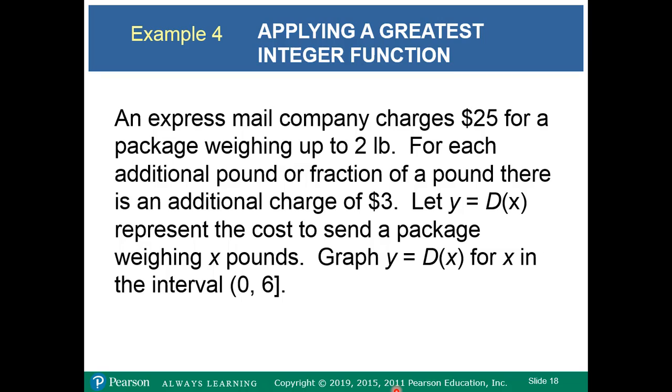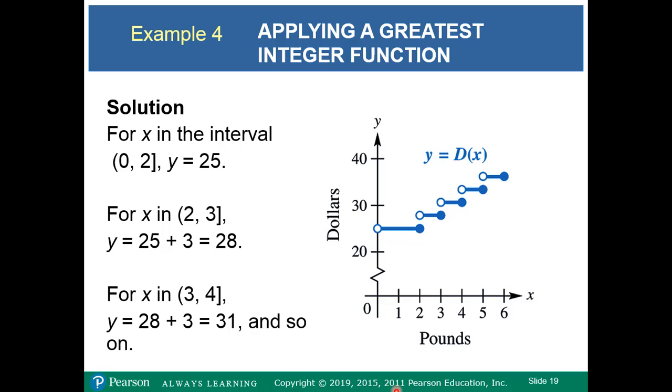So let's put this all together for this interval from 0 to 6. So notice here on 0 to 2, up to 2 pounds, it's going to be $25. And then from 2 to 3, that's 1 more pound, you're going to pay an extra $3, so it's going to be 25 plus the 3, which is 28. And then it's going to stay at 28 from 2 to 3.